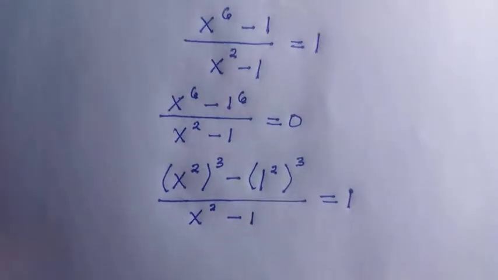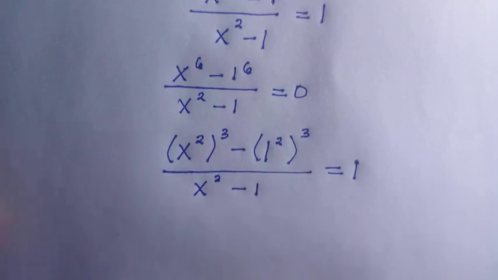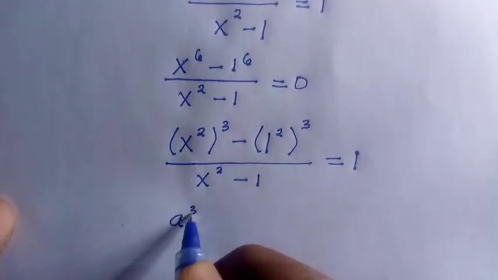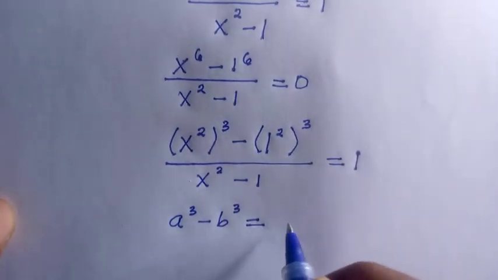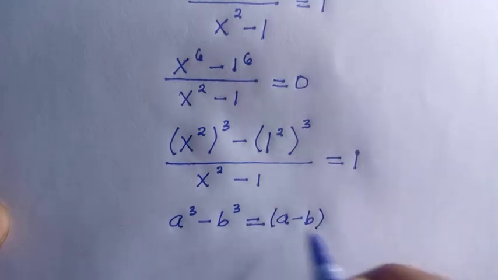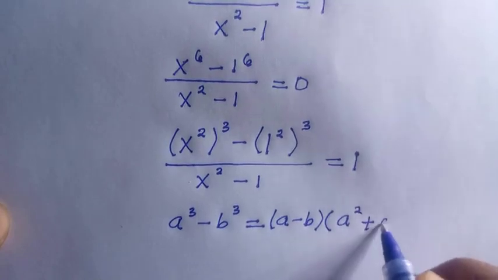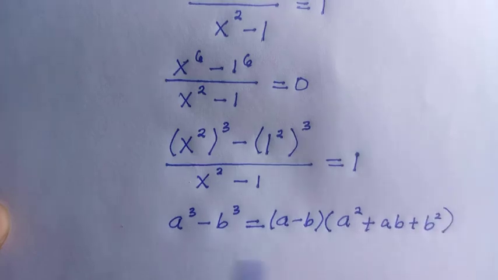When we consider what we have above as the difference of two cubes, we can consider this expression as a to the power of 3 minus b to the power of 3, which is given as a minus b in bracket, open bracket, a squared plus ab plus b squared.